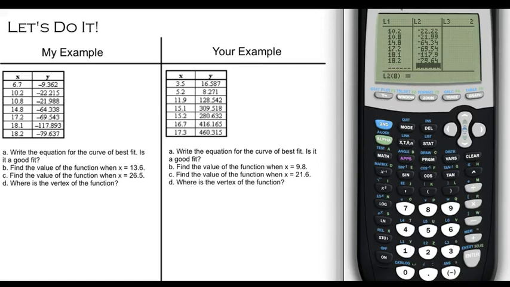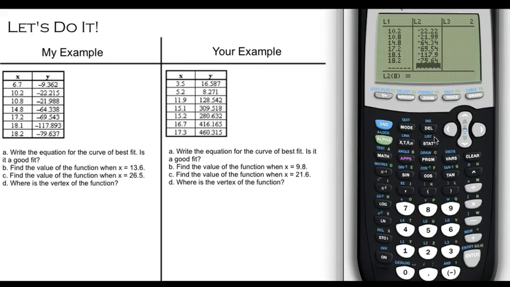Now that I have all that data typed in, I want to make sure these lists match. If one is longer than the other because I forgot a number, this process won't work, and that would be bad. So I check and my lists do match. So now I want to find that equation for the curve of best fit, that curve being a parabola this go round.